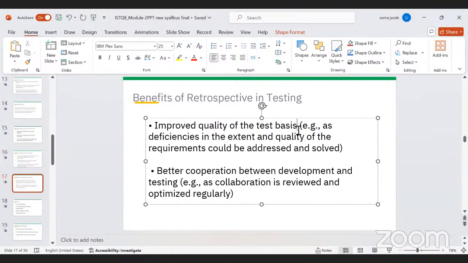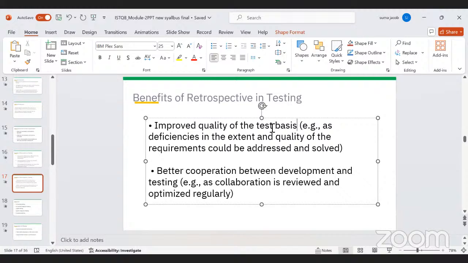It can be anything. So the retrospectives can actually help us in improving the quality of the test basis. So if there is a deficiency in the requirements or test basis which was identified in the retrospective, it can improve the overall quality of the testing effort.